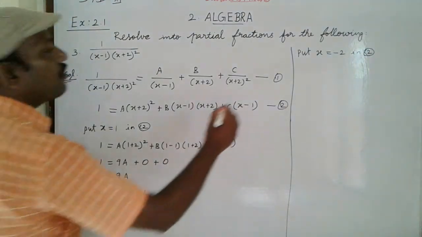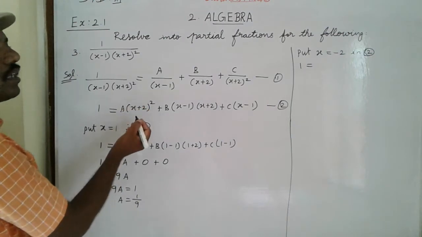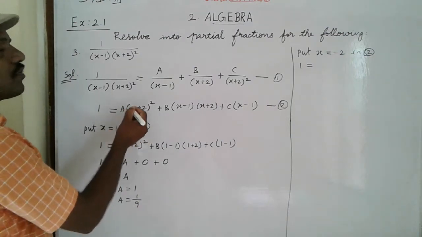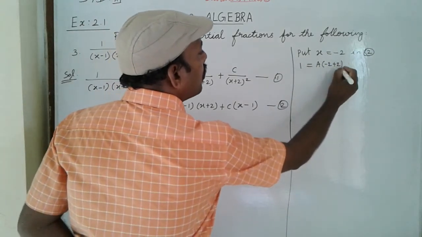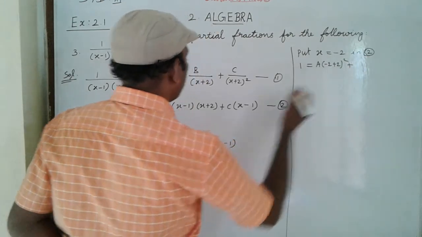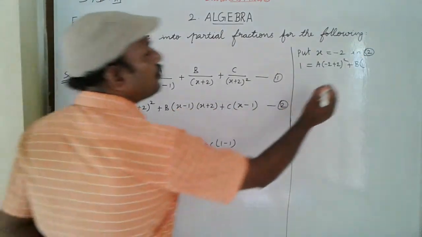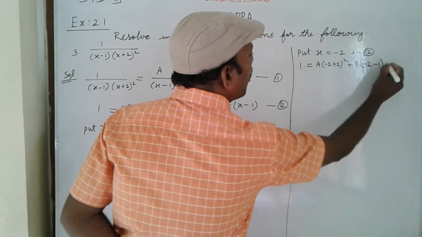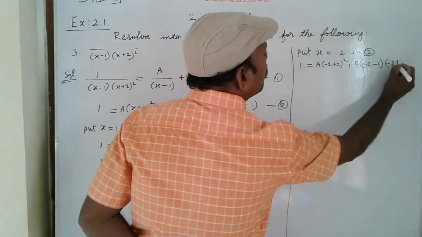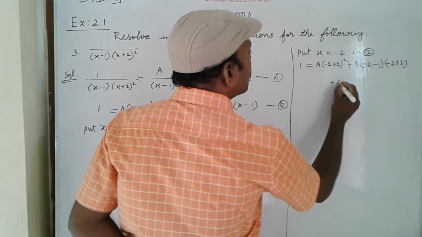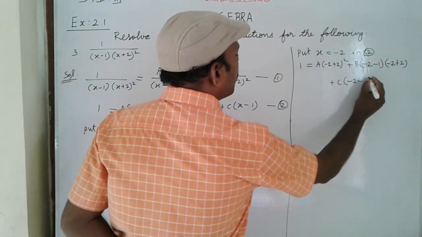Substitute here: 1 equals a into (minus 2 plus 2), which is 0, so 0 into anything is 0, plus b into (minus 2 minus 1) into (minus 2 plus 2), plus c into (minus 2 minus 1).